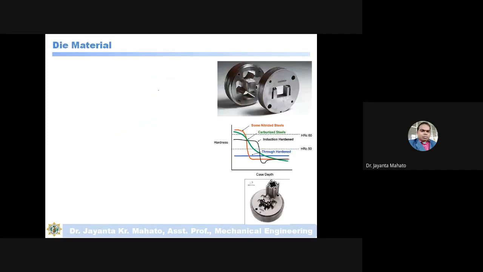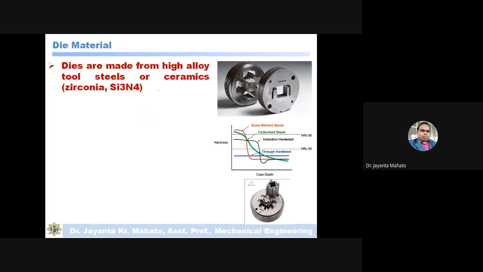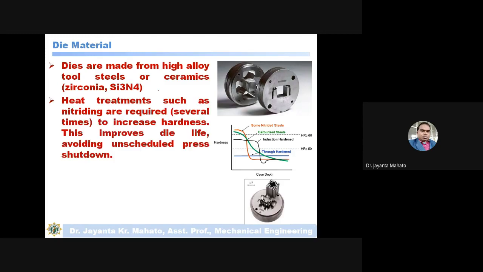Now another is the die material. So this die material should be made from a very high alloy tool steel or ceramic, means having a very high strength. Okay, and sometimes nitriding heat treatment is applied to the material, and by this nitriding heat treatment, the material will increase its hardness.